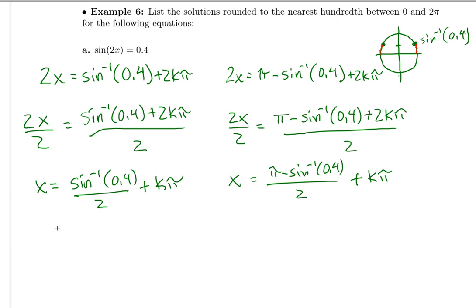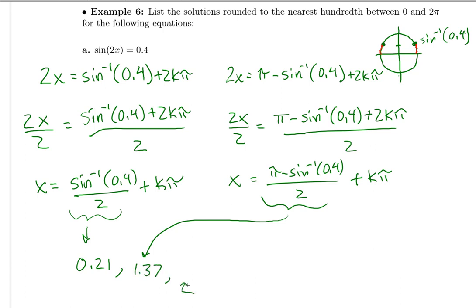Now if I take k to be 0, this one gives me 0.21. And if I take k to be 0 over here, that one gives me 1.37.